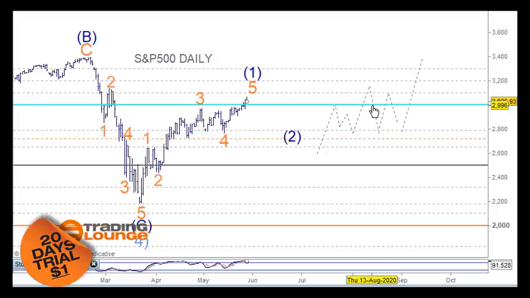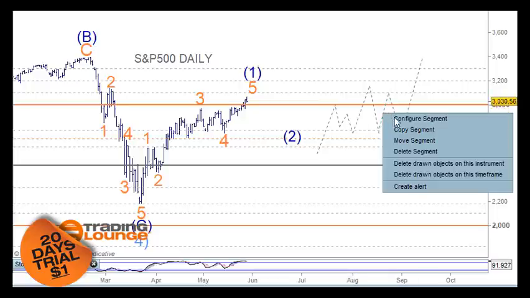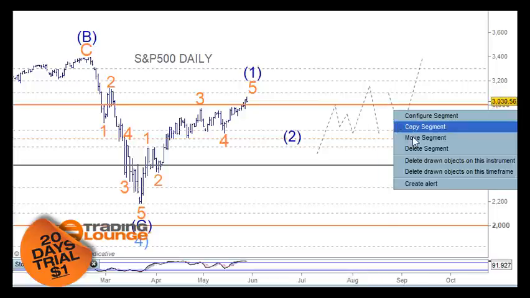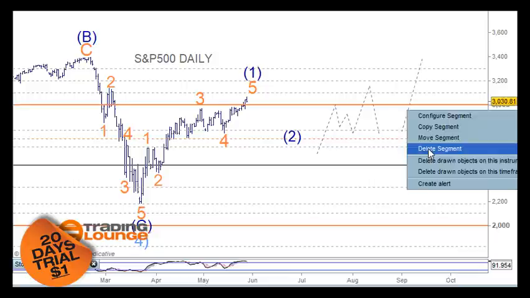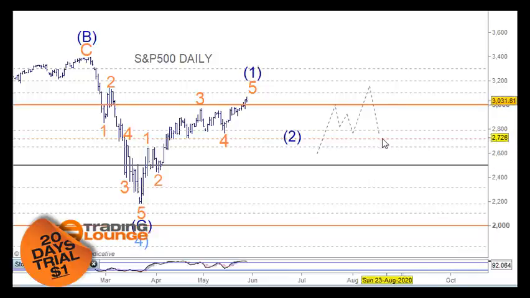If that's the case, then we're going to be looking at this pattern where we have an ABC pattern. So if I can just clean that up a little bit, because it's not going to be like that. It'll be more like this, a bit deeper. So if the 3,000 becomes the retested resistance, then we're going to have that pattern here. So that's what we'll be looking to the downside for.